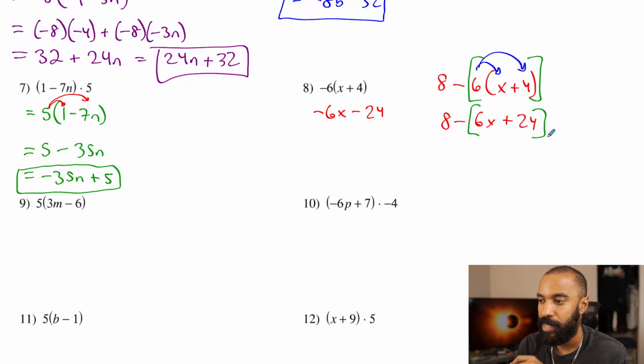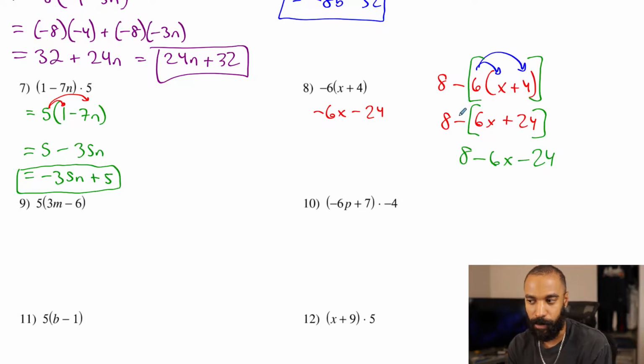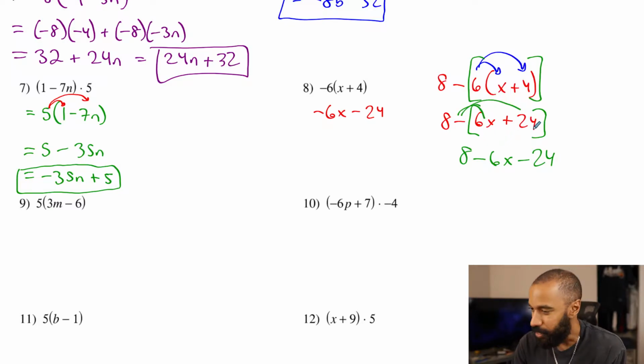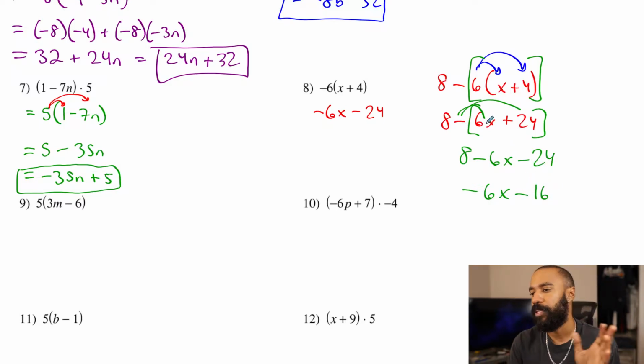So really, this happens here, and then the negative gets distributed into here, and then you get 8 minus 6x minus 24. So that becomes a minus when the negative now distributes. It's a weird thing that happens there. That becomes negative 6x minus 16, instead of plus 32.